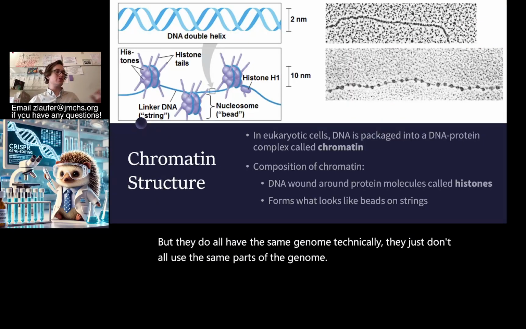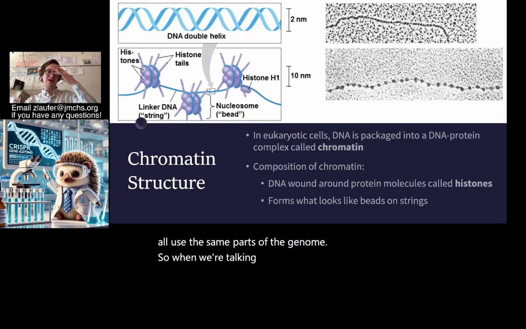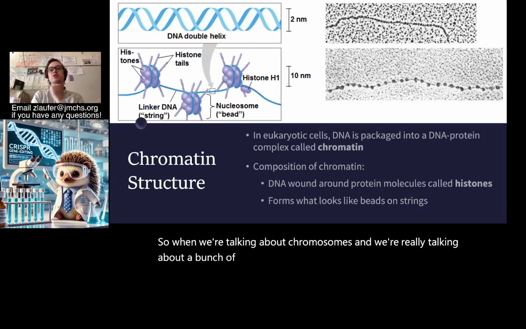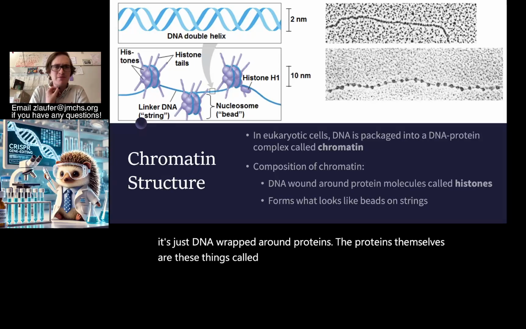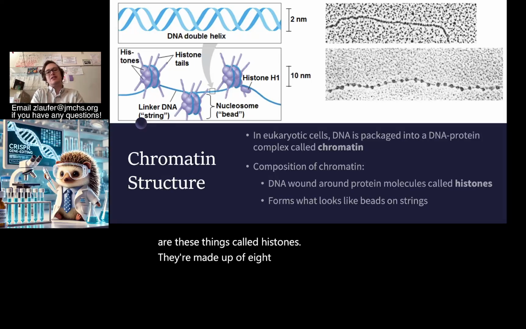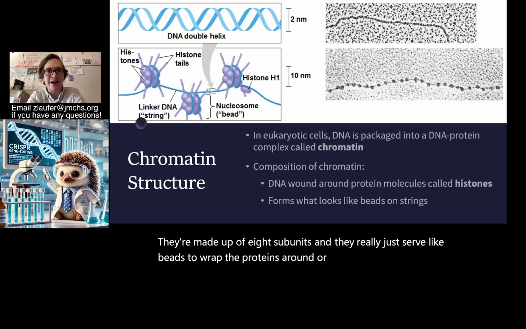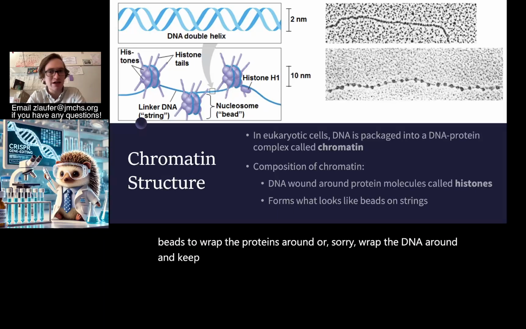So when we're talking about chromosomes, we're really talking about a bunch of chromatin, which is the DNA protein complex. It's just DNA wrapped around proteins. The proteins themselves are these things called histones. They're made up of 8 subunits, and they really just serve like beads to wrap the DNA around and keep it organized and tightly together.